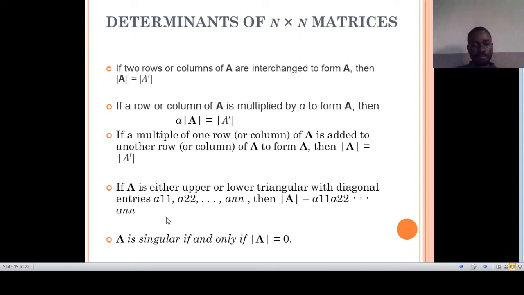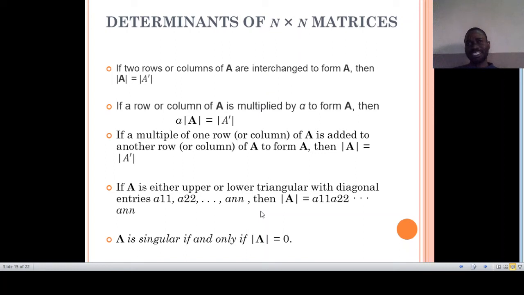And finally, please note this third rule. That is the most important aspect of this theorem. If A is either upper or lower triangular with diagonal entries alpha 1,1, alpha 2,2, up to alpha n,n, then the determinant of matrix A is equal to the multiplication of the diagonal.